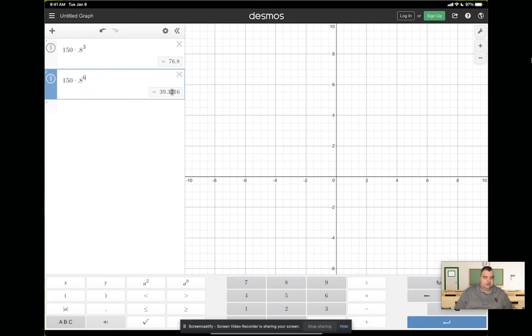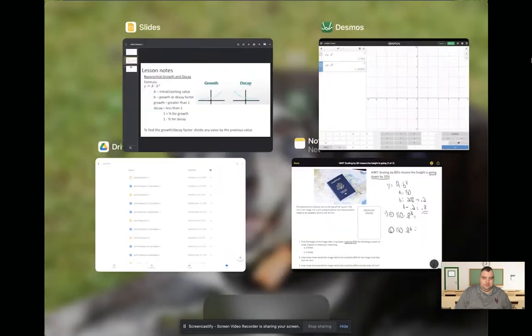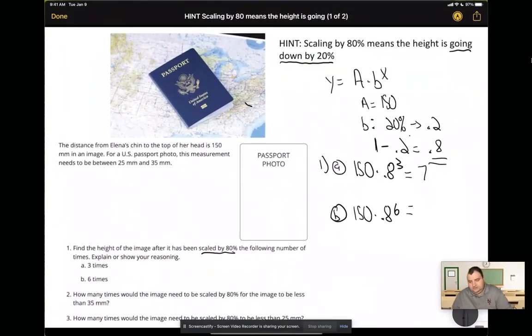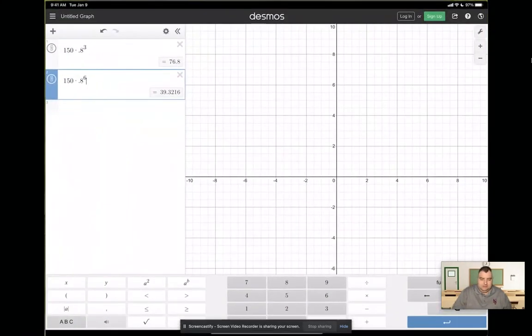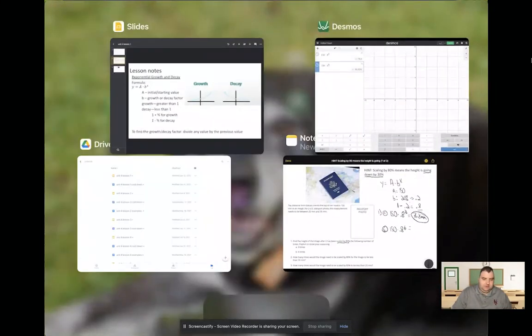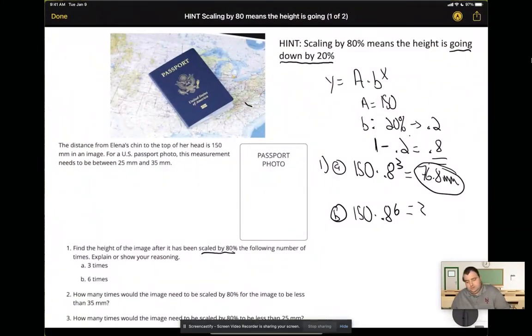So 76.8 and 39.3 are my answers. So 76.8 millimeters and 39.3 millimeters are my answers to number 1.